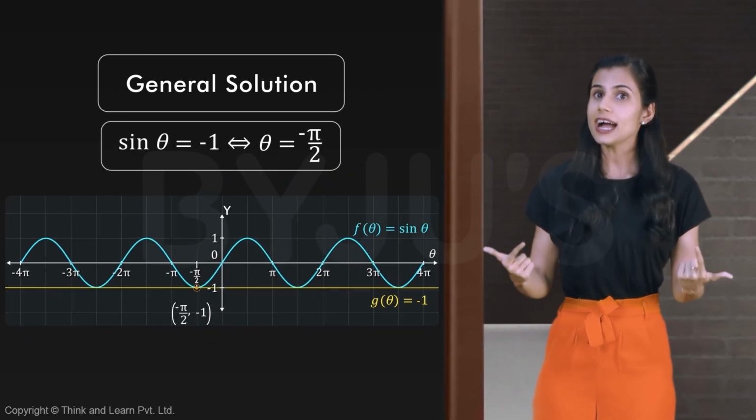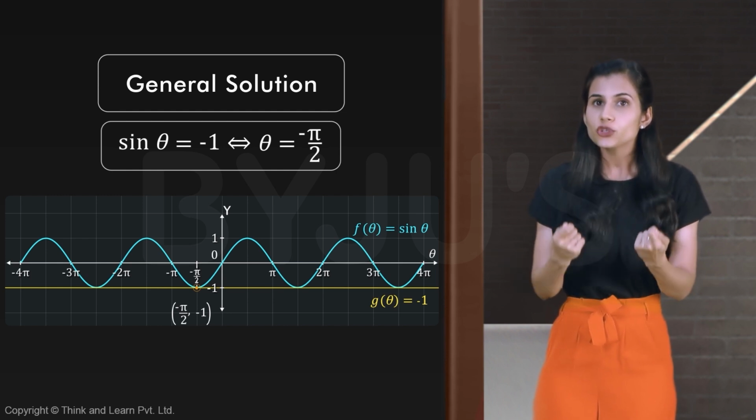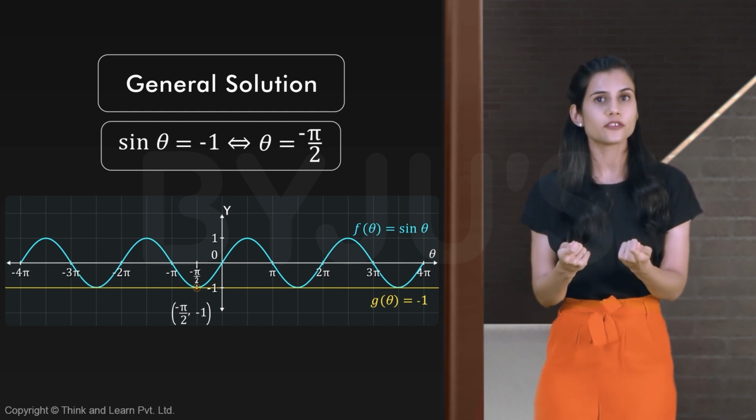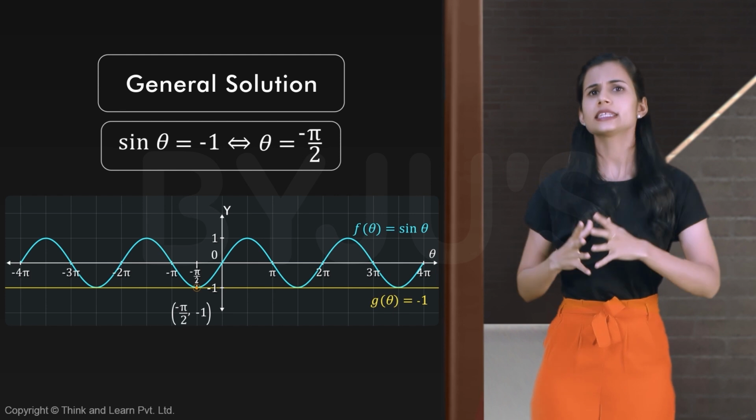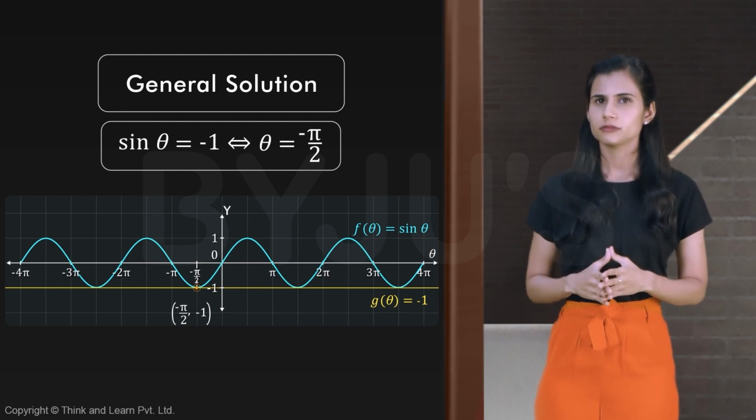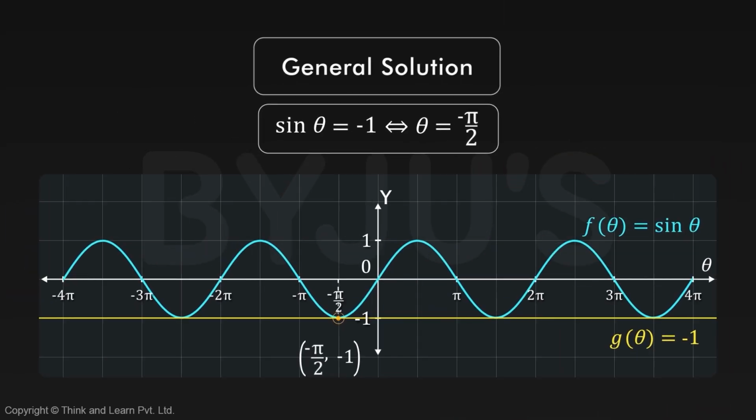Now, once we have this, next we can use the periodicity feature of the sine function to find the remaining solutions of this equation. How exactly? See, sine is periodic with a period of 2 pi. Thus, we get 2 pi minus pi by 2, that is 3 pi by 2.